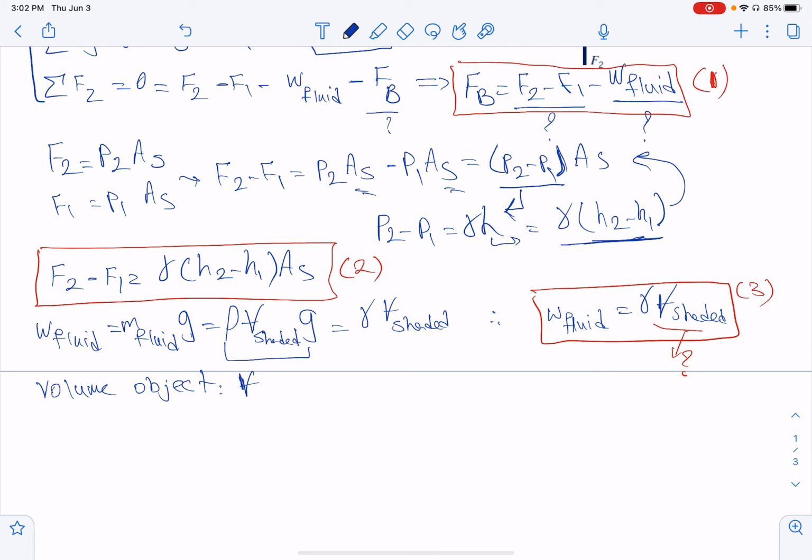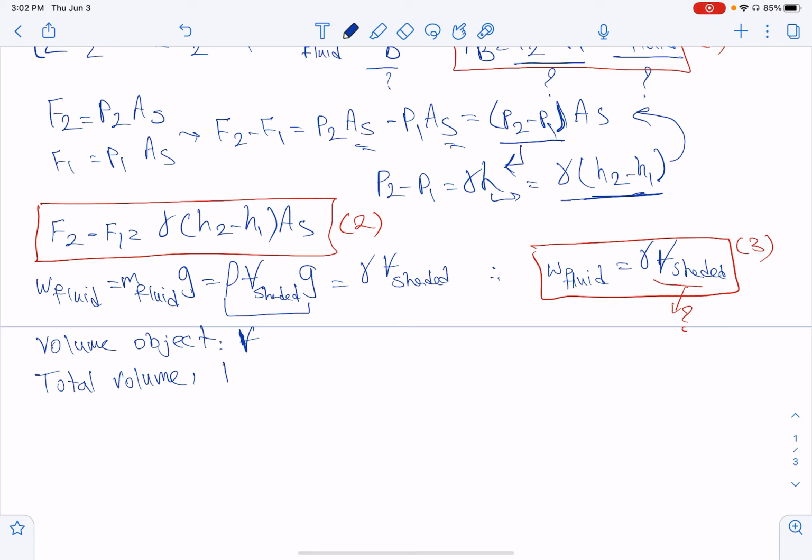For the total volume, I already showed you here, this is AS, right, and this is H. So the total volume is going to be H times AS, and we know that H is H2 minus H1, times AS, correct?